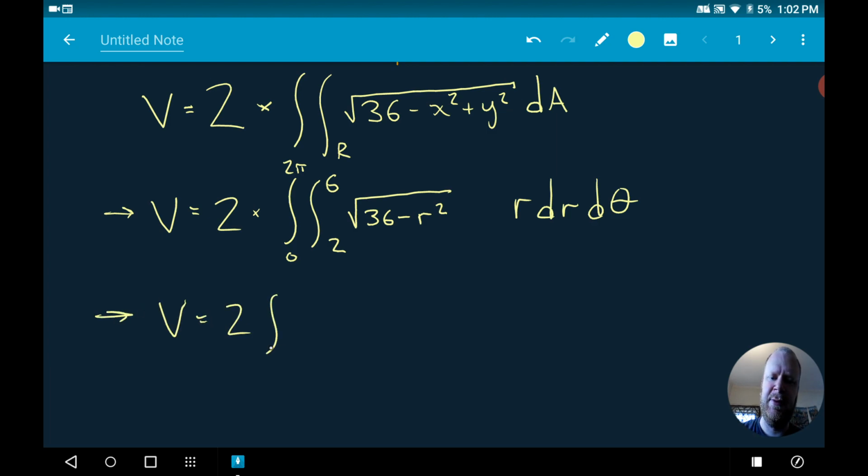So this would be 2, 0 to 2 pi. And then I'm going to let u be equal to 36 minus r squared. So that means that du is going to be equal to negative 2r dr.